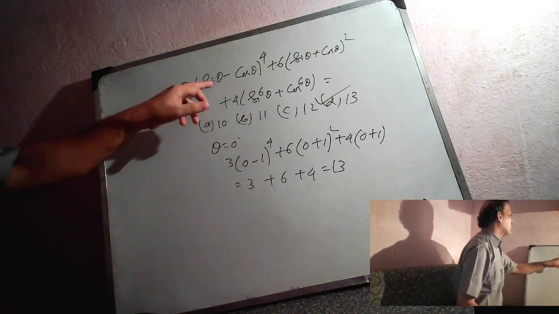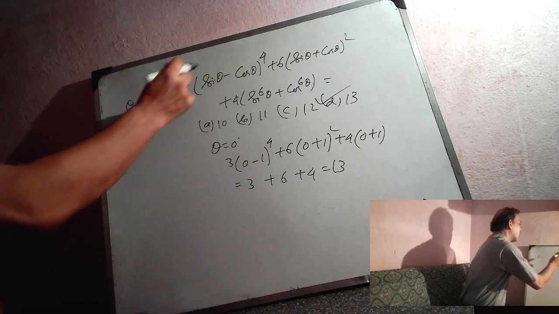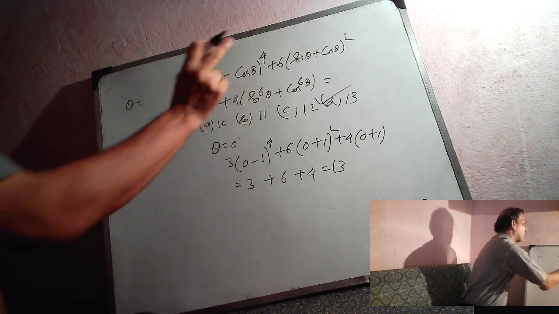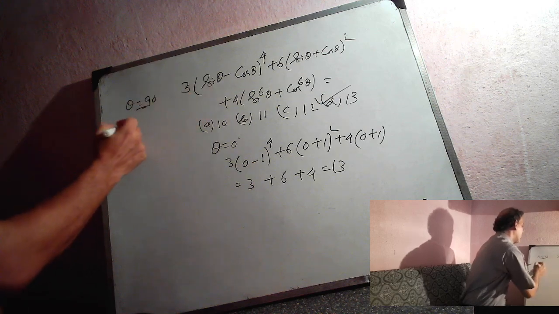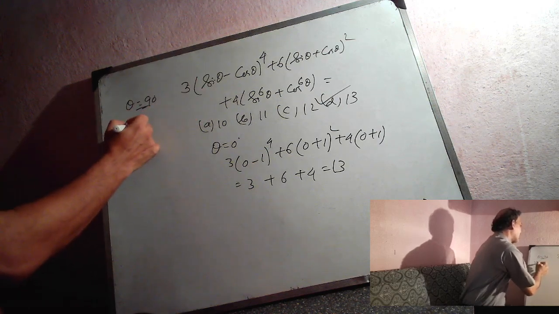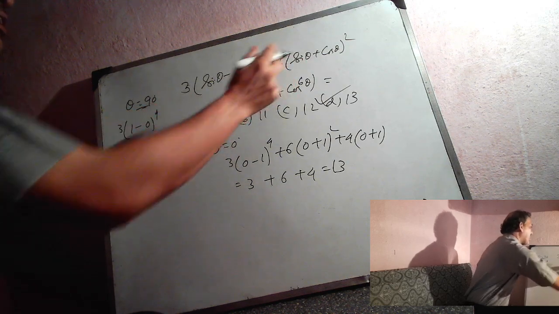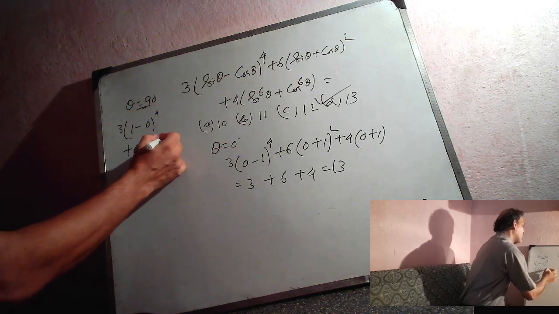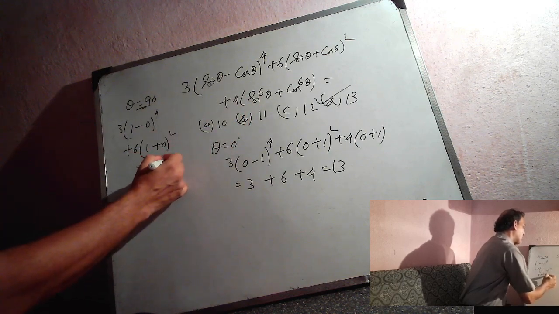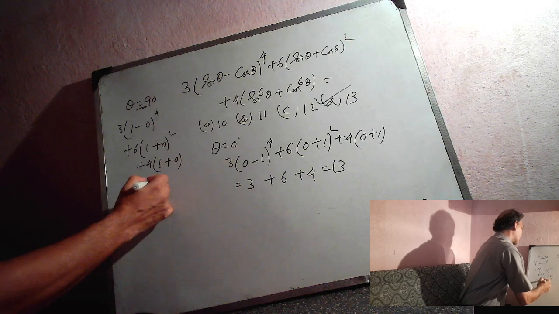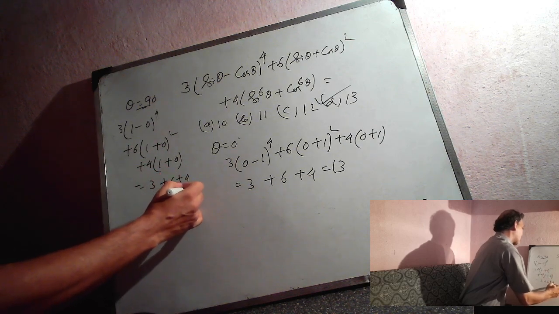If we put θ equals 90, what will happen? It is true for every value of θ. So put θ equals 90: sin 90 is 1, cos 90 is 0, and we get 3 + 6 + 4, the same result, 13.